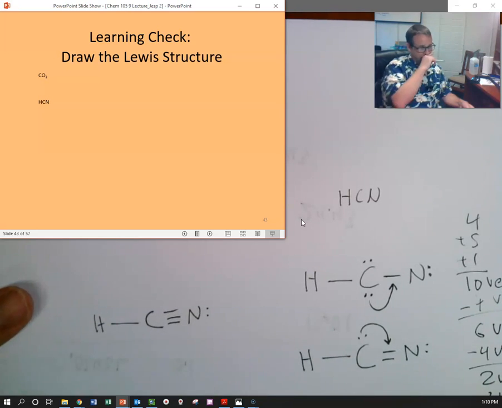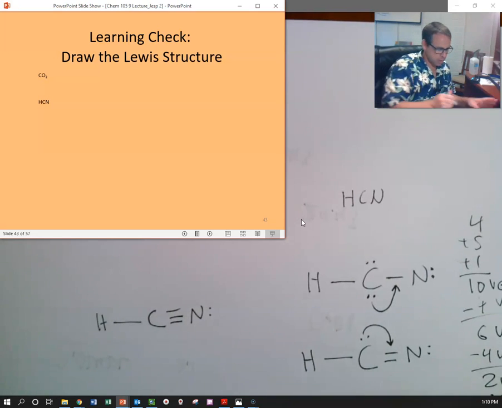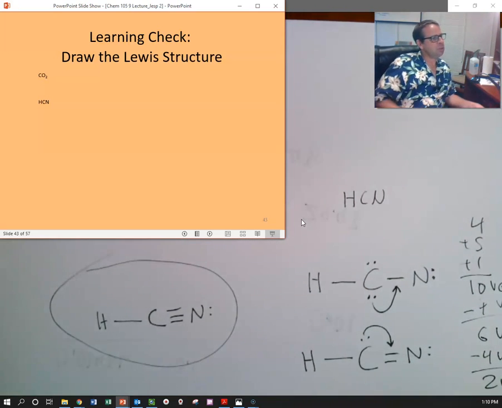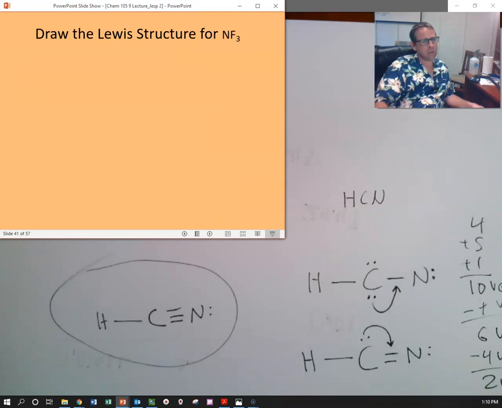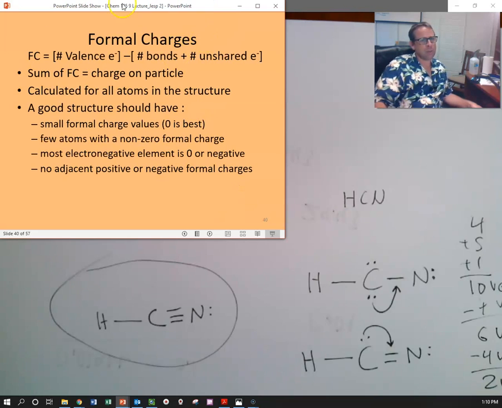Very good. Now, what's the next thing we do to make sure that this is the good electron configuration? I'm not quite sure. Okay, it's right here. Remember this slide?